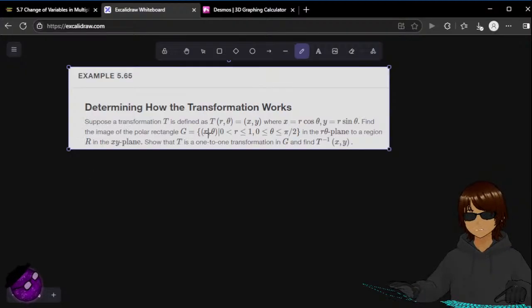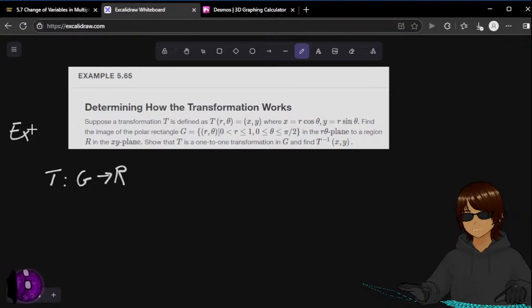G is the set of (r, theta) with r from 0 to 1 and theta from 0 to pi over 2. So T is from G to R, right? Example 5.65. Then G is defined like this.